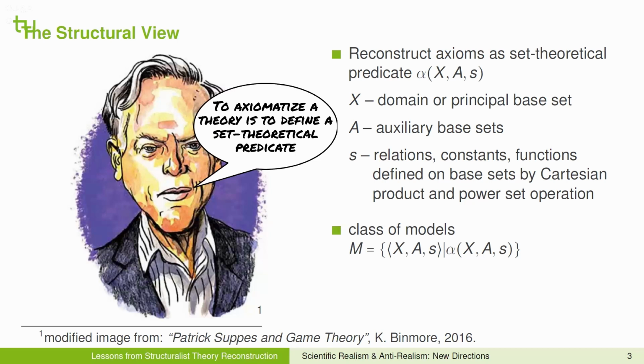Or if we are even a bit stricter on the formal level, we could also say that our whole structure is, in the end, completely built on our domain or the principal base sets just by using Cartesian products and power set operations. This is how structures are defined in mathematics and also in model theory.